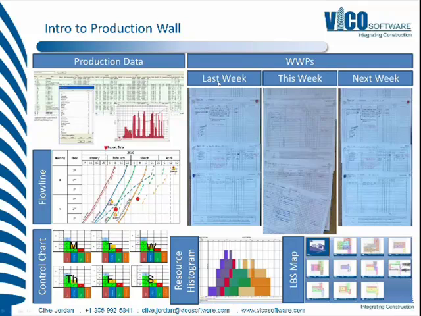And sorry, the previous week's plan percent complete will be shown. This week will allow us to tick what we are completing as we are completing it. And then next week will show us what the plan is. So what have we promised, and how can we start thinking about putting those promises into practice.